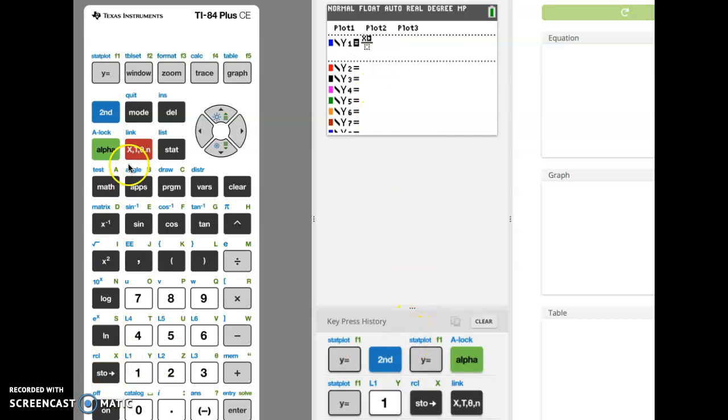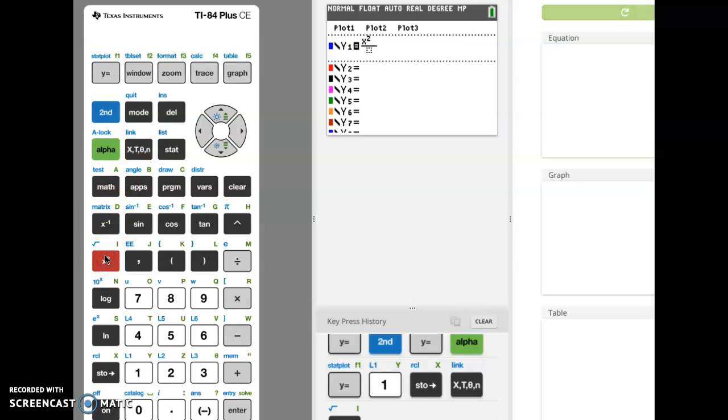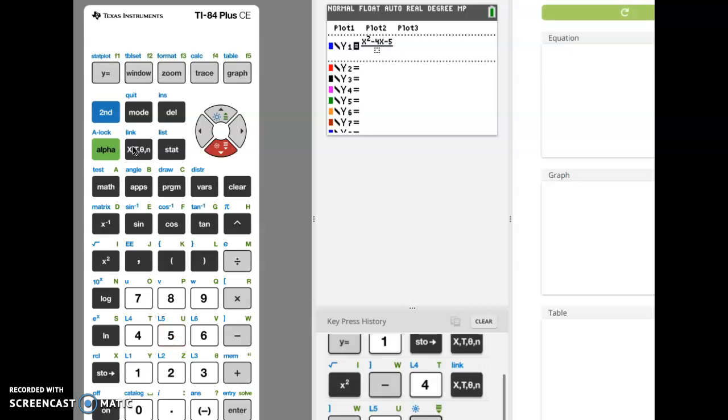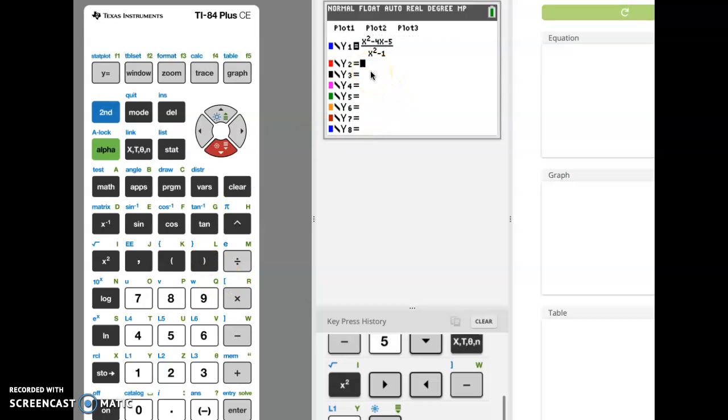X squared minus 4x minus 5. And then I can jump down to the denominator and have x squared minus 1.